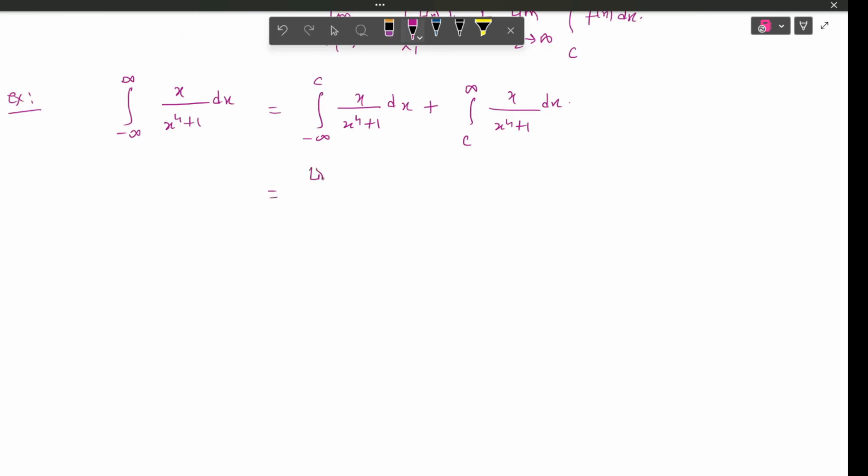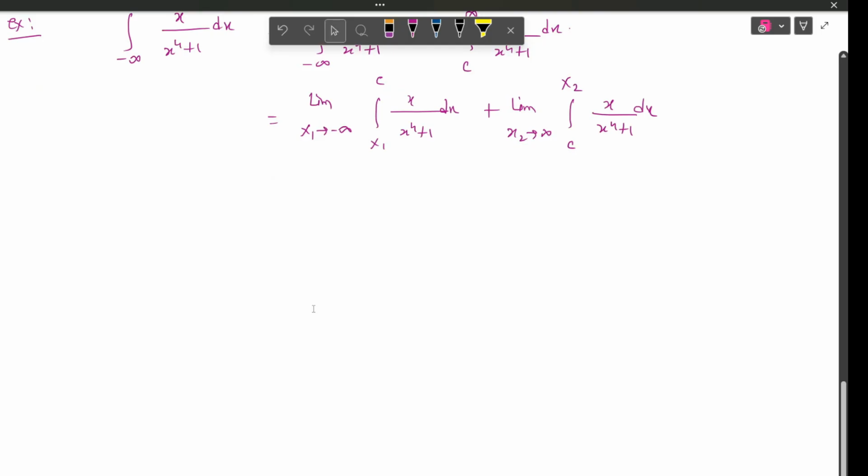So here we can say that limit x1 tends to minus infinity integration x1 to c x by x to the power 4 plus 1 dx plus limit x2 tends to infinity integration c to x2 x by x to the power 4 plus 1 dx.